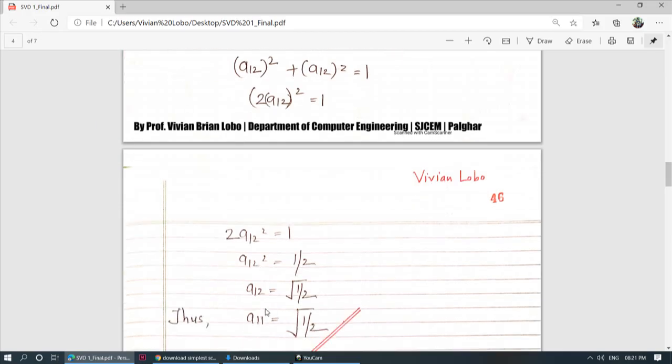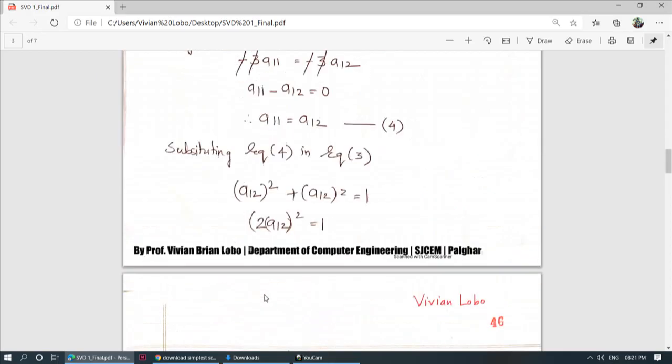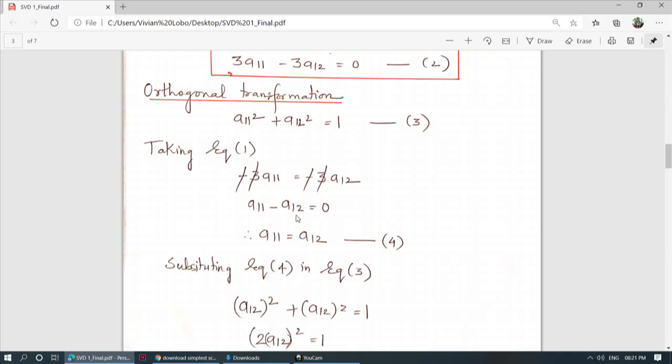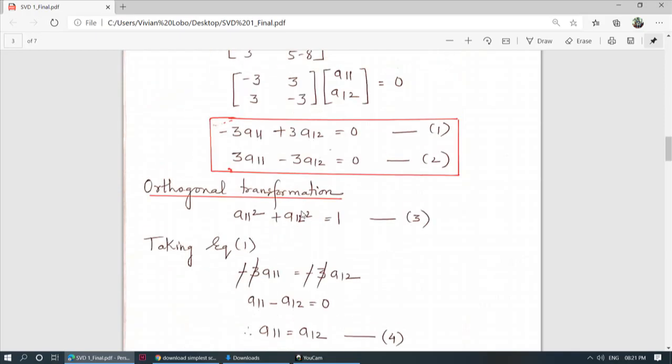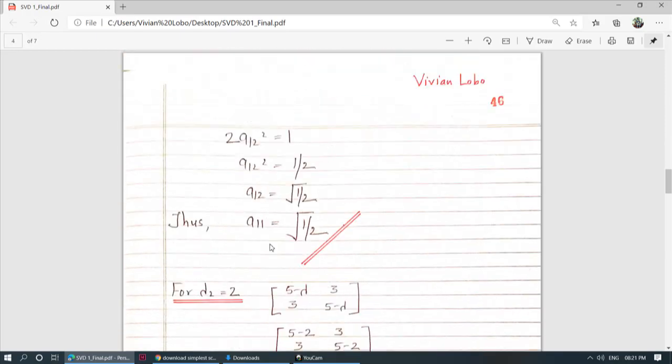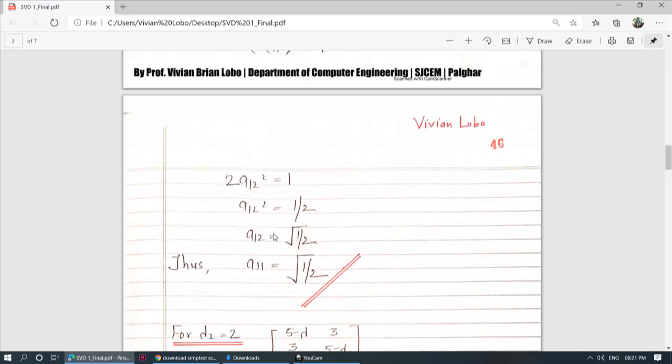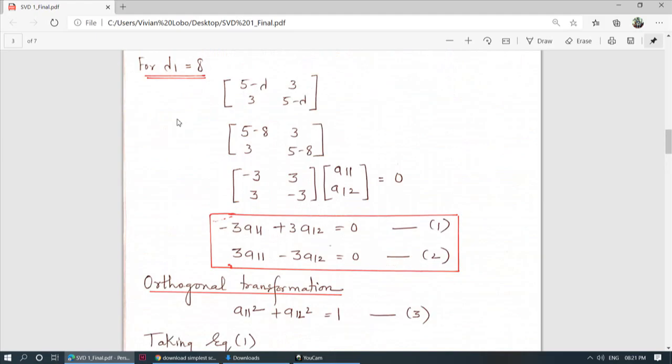Therefore A12 square is nothing but 1 upon 2 and A12 is square root of 1 by 2. So when I am substituting A12's value in any of these equations, that is first, second or third, I will be getting A11 value to be square root of 1 by 2. So this is how we have calculated A11 and A12 when lambda 1 is equal to 8.